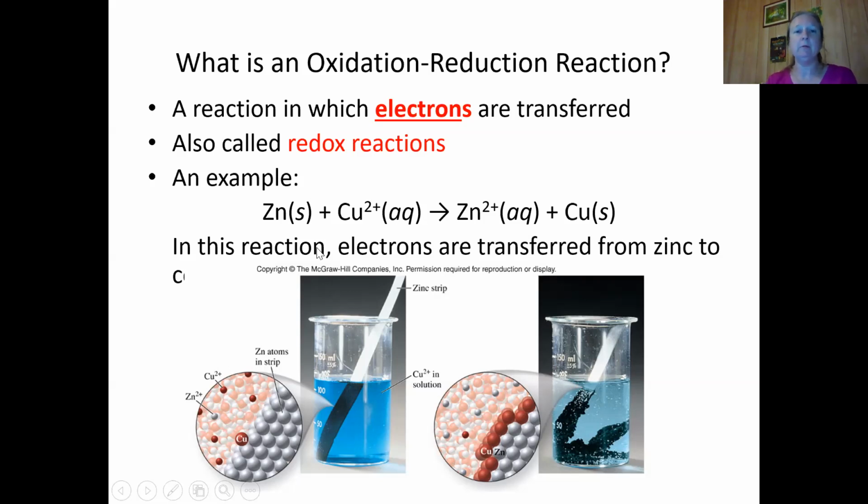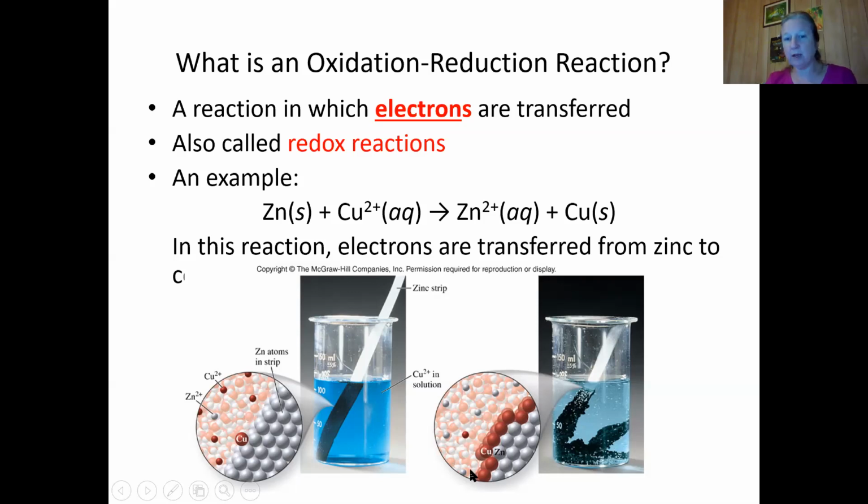So zinc metal and copper ions. So this is a copper nitrate solution. Copper exists in the solution as ions. You will get a reaction that takes place. The copper is going to swipe the electrons from the zinc, and so it's going to become solid copper. Well, where's that solid copper going to go? It's going to go on the surface of the zinc.